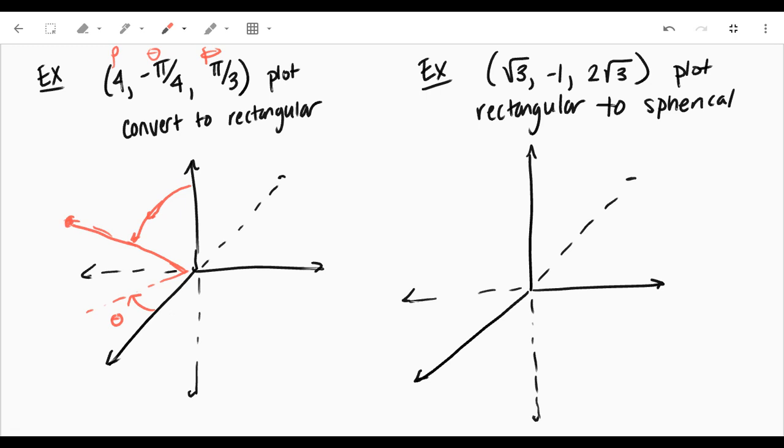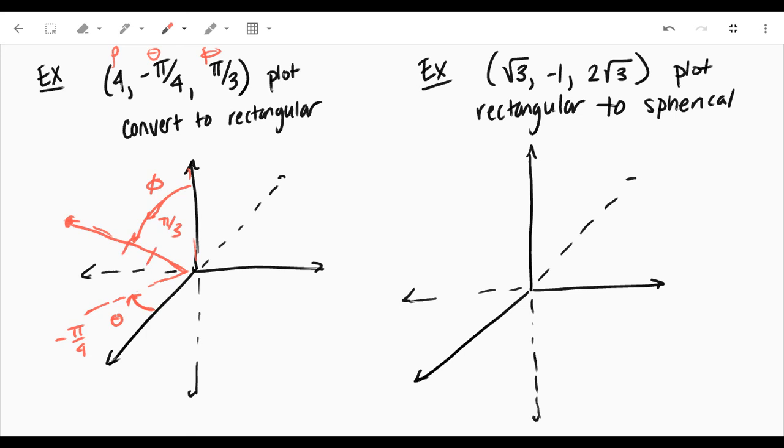So again, theta, this would be negative pi over 4 between the x-axis and that dashed line in the xy plane. This would be phi, which would be pi over 3. So starting at the positive z-axis and going towards that dashed line that we drew in the xy plane, an angle of pi over 3. Maybe the one that I drew might look even a little bit more like pi over 4-ish, so maybe a little bit further towards the xy plane than I did.